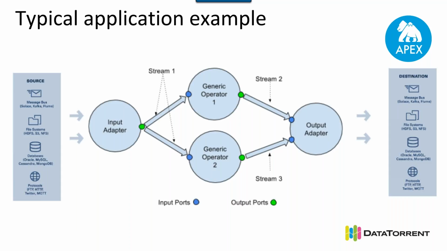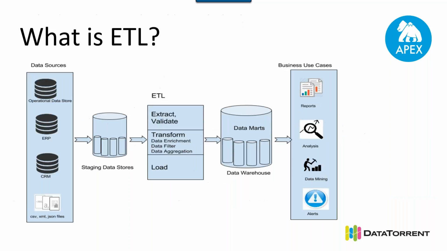Then we have processing operators. We call them generic operators, which will do some logical transformation on your input data. It will do some processing as per your need. And the last thing is you will want to store your results somewhere so that you can access them later, for reference or some other use. So this is how a typical application looks.